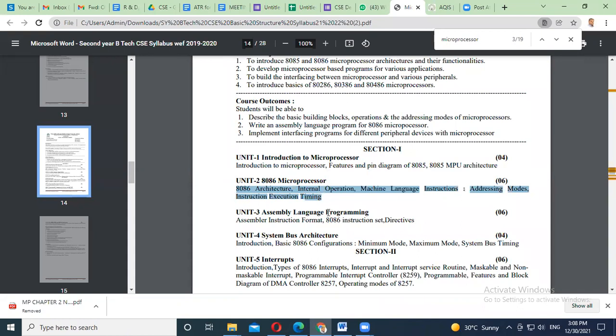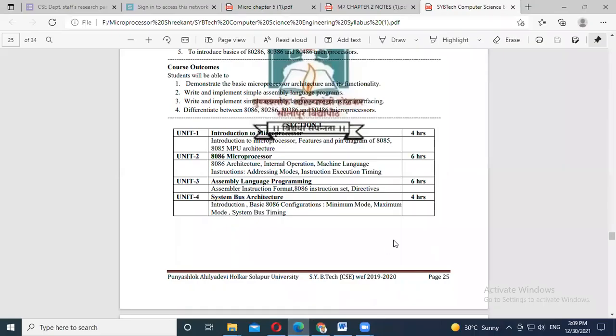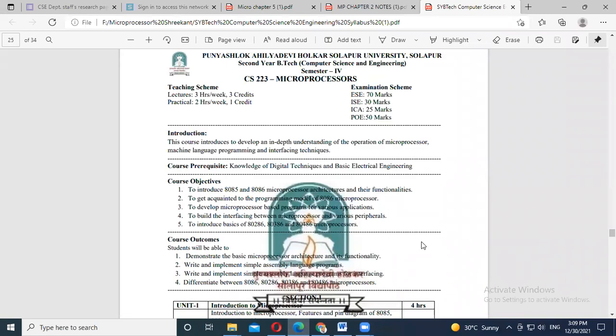Today I have to start your second unit as per the syllabus. For this, I have prepared notes in very user friendly, student friendly, and easy language.